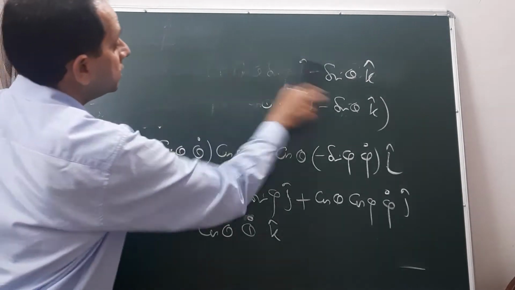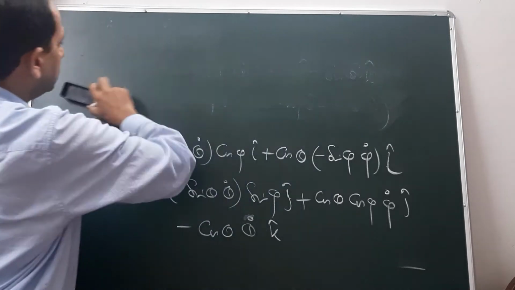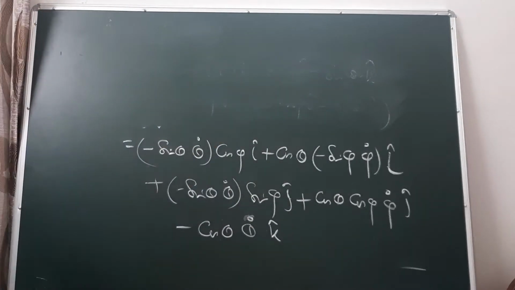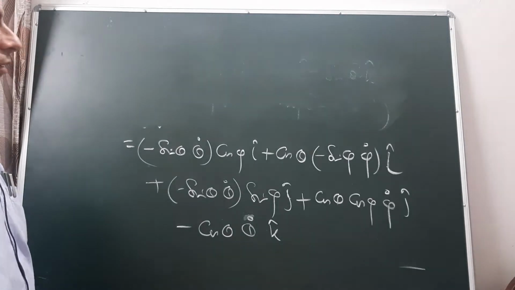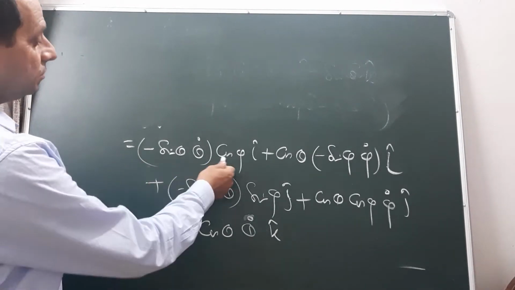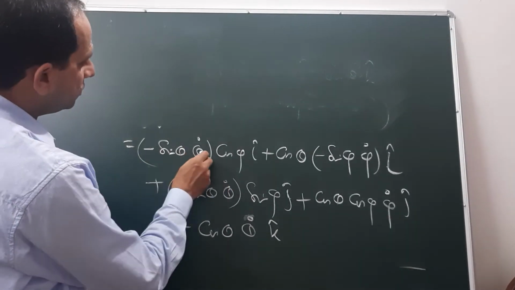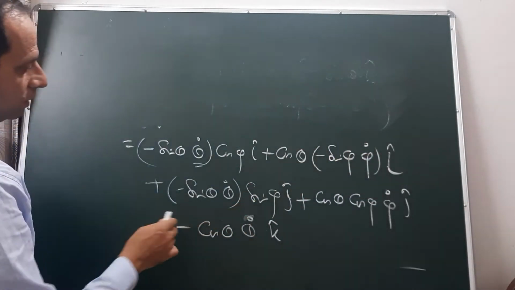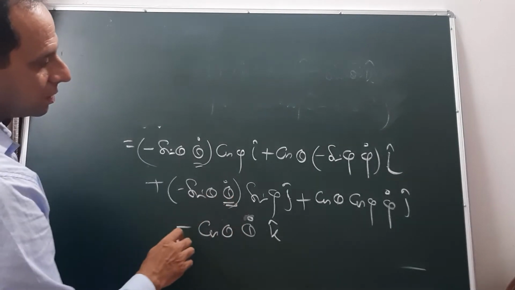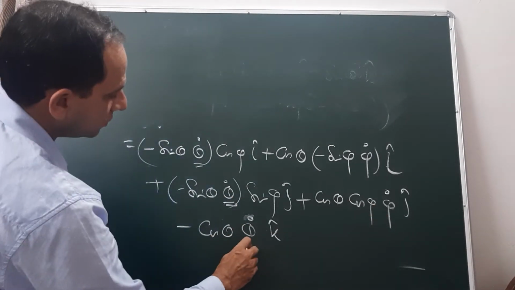Now we will separate the terms containing theta dot and phi dot. In the first term there is theta dot, in the second term there is phi dot, in the third term theta dot, and the fourth and fifth are the same.